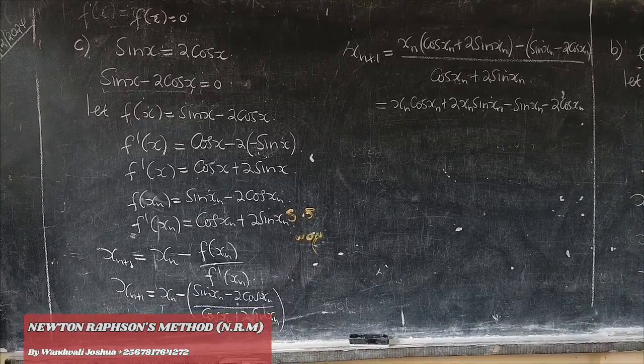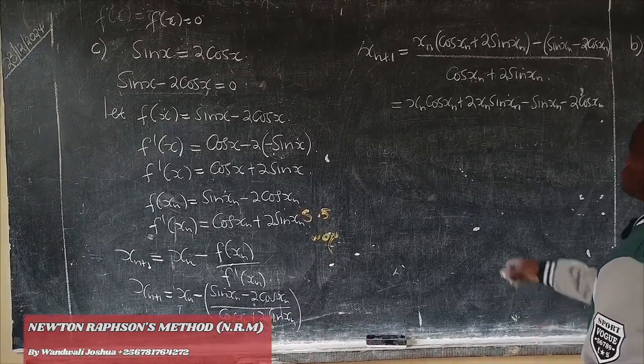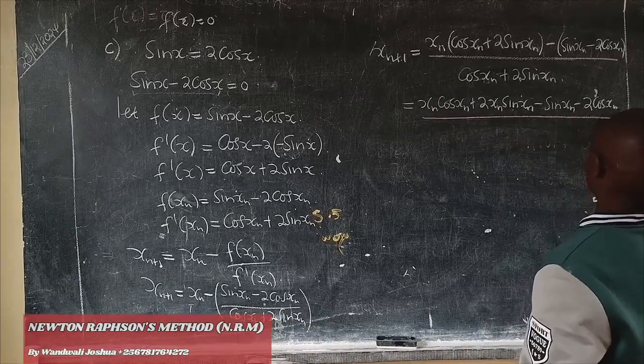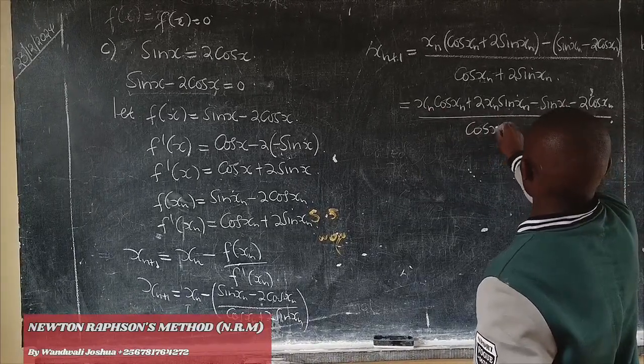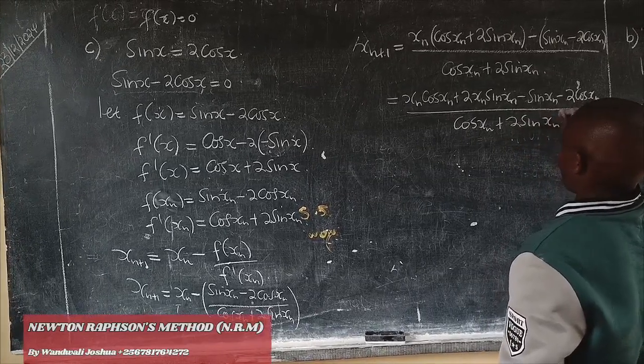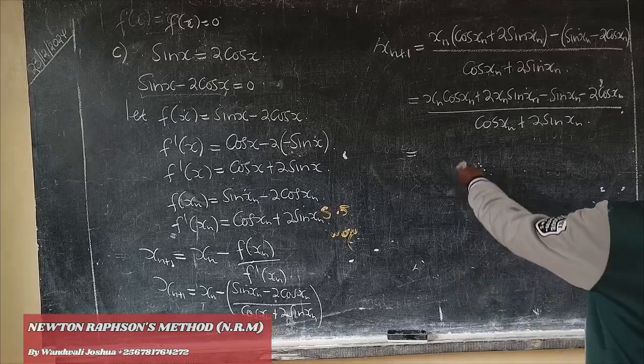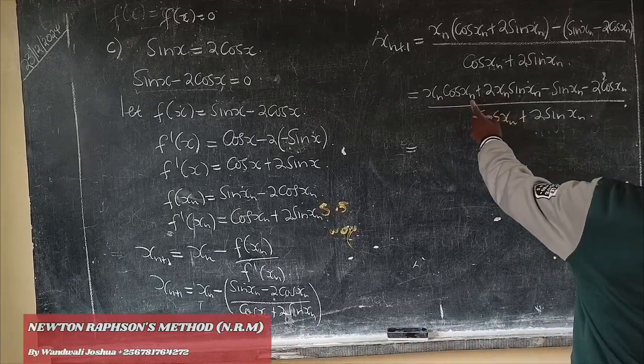So this is what we have from that, and we divide this by cos of xn plus 2 sine of xn. If you feel comfortable, we can group some of these things here.